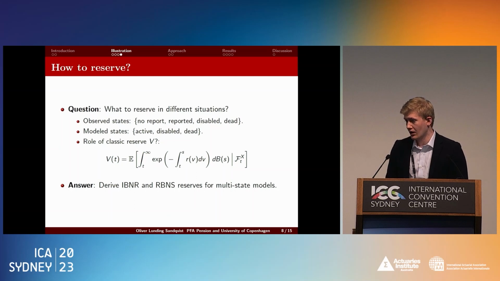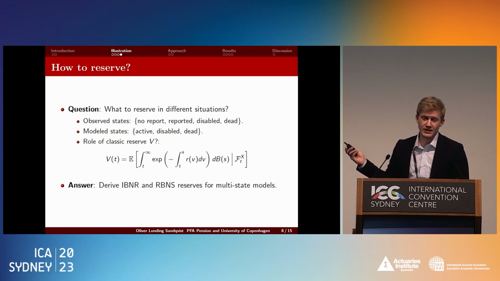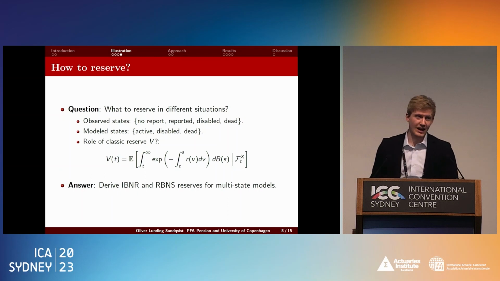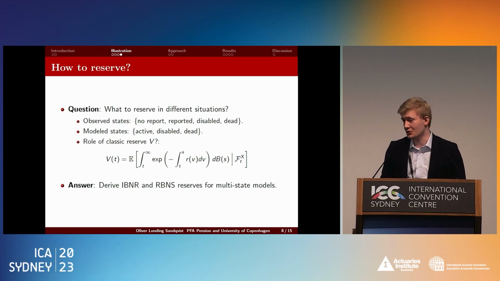And also, can we even use all this developed theory, all this literature on prospective reserves, or do we have to go back to square one and do something completely different? So basically, our answer to this is that you should derive so-called IBNR and RBNS models for your multi-state models so that you can incorporate these information lags.